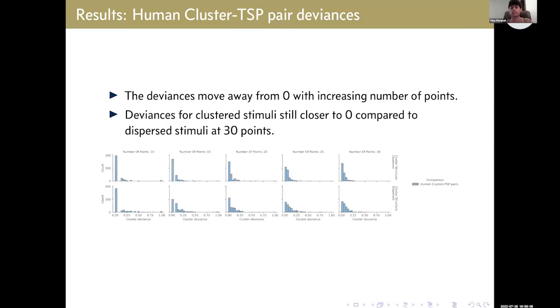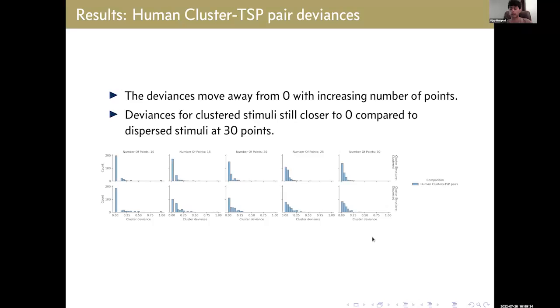And now if you split this horizontally over number of points, you can see that the deviances move away from 0 with increasing number of points, which could be because participants are forgetting their clusters or the clusters get too big for them to remember. But you still see that even at very high numbers of points, like 30 points, the deviances for clustered stimuli, the graph on the top, are still closer to 0 than the deviances for dispersed stimuli.